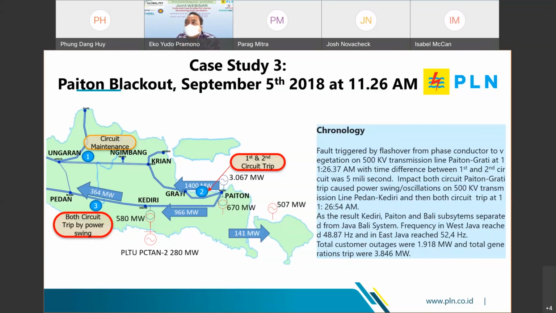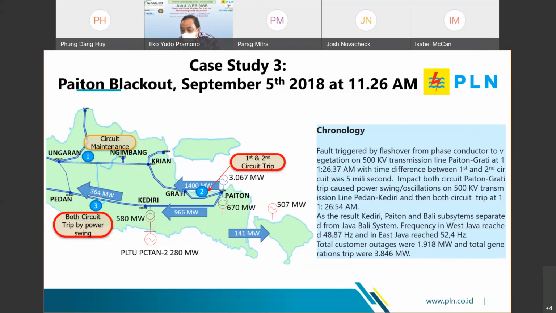So when Paiton-Grati tripped, you can see the Paiton-Grati transfer was 1,400 megawatt, and it tripped, so the 1,400 megawatt transfer moved to the Paiton-Kediri line that already had 996 megawatt.